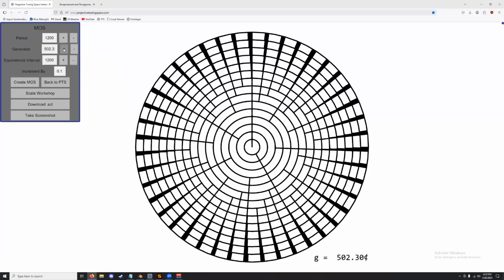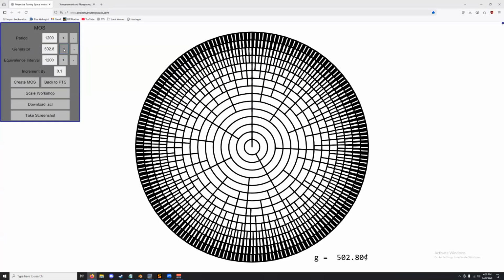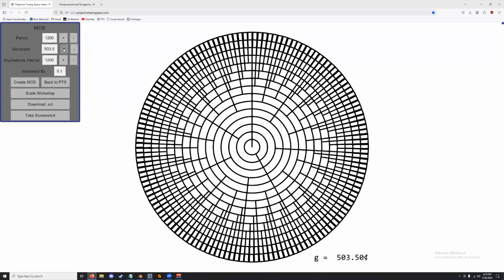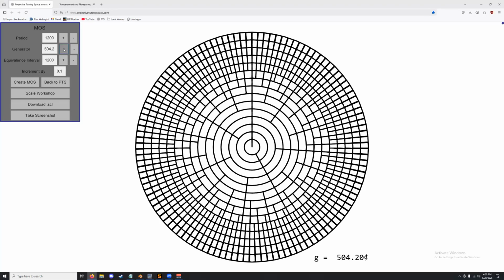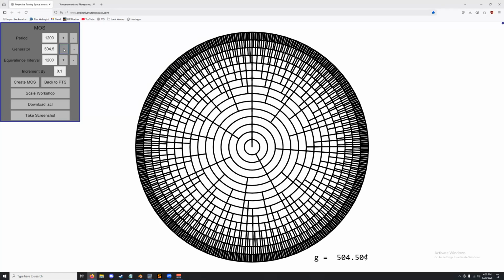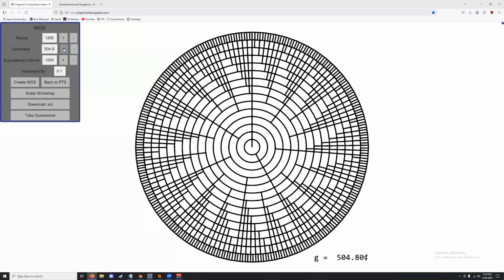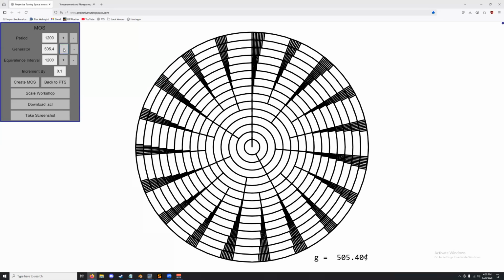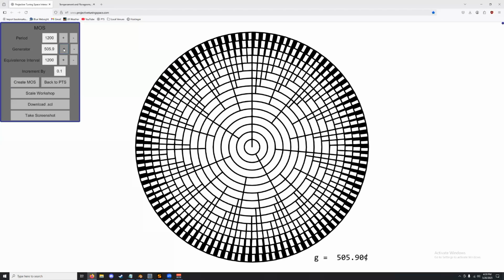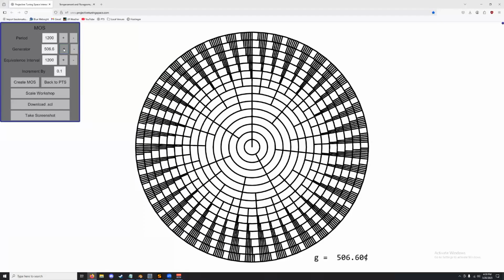You start to see this whole MOS spectrum here. It's so different on the outer rings with so many notes per octave. Here it's around 31, I think. And you can see when it converges on particular equal temperaments.